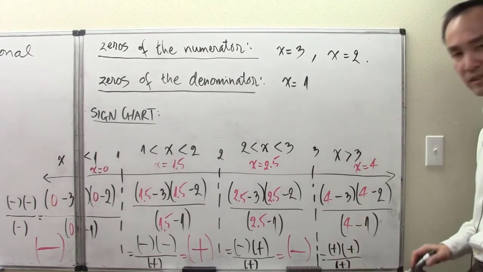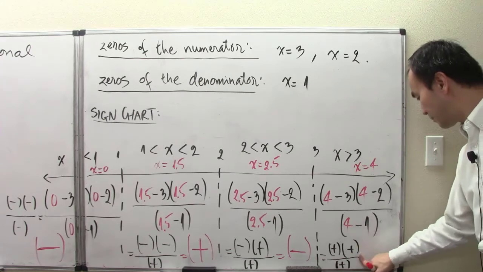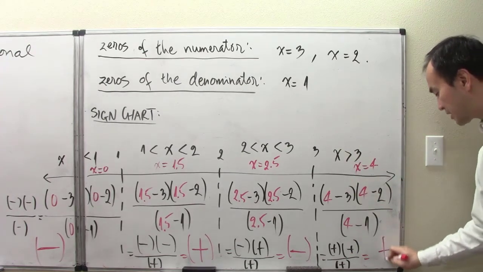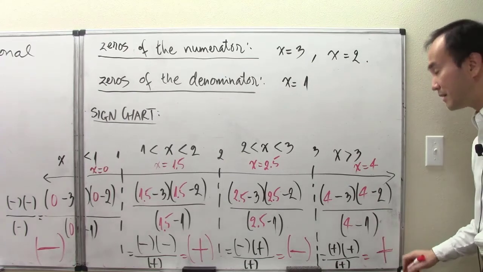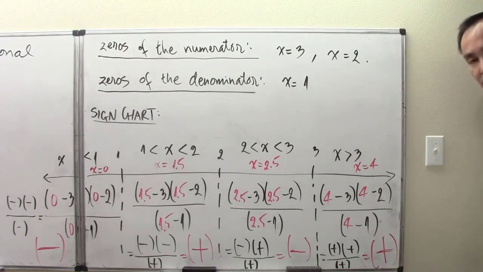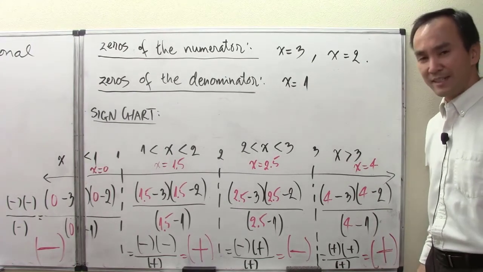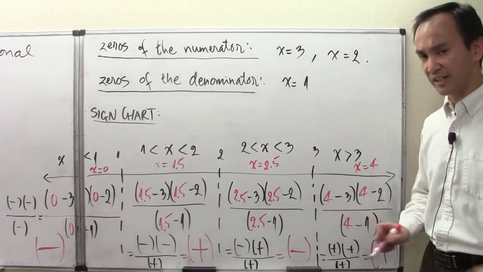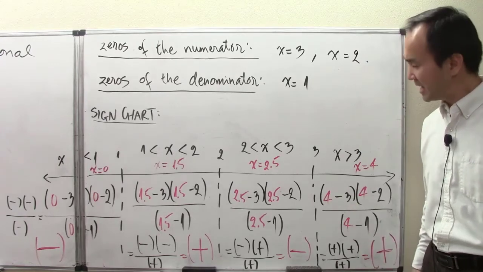So my overall sign of this rational function in this interval has to be a positive sign. Okay, so we're good for now. This is the end of the sign chart, the sign check table right here.